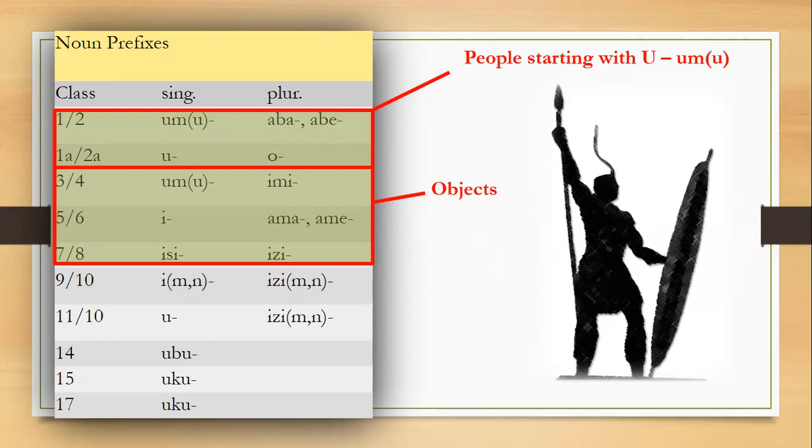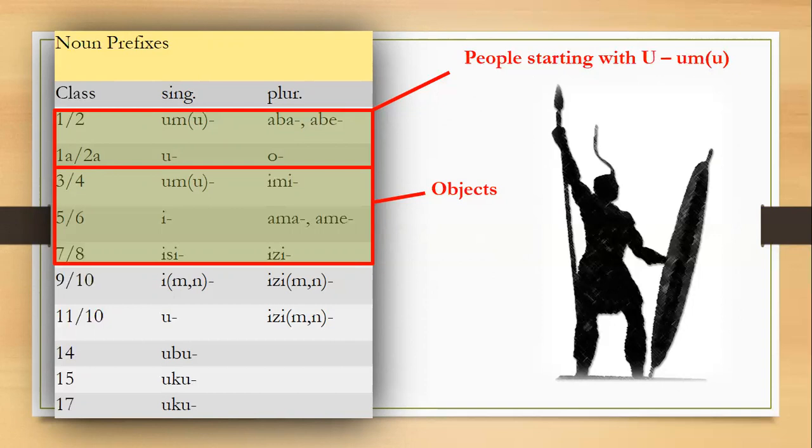All of those words refer to people. And then for objects, it can be umkhumbi, which has a plural of imikhumbi. The noun prefix is imi. But we're going to cover that further; I'm going to give you a list to know the words that are for people and for objects.